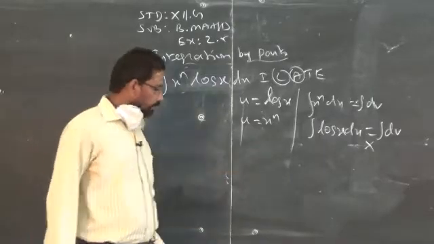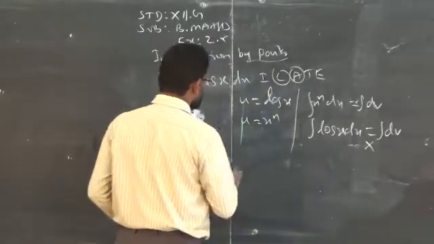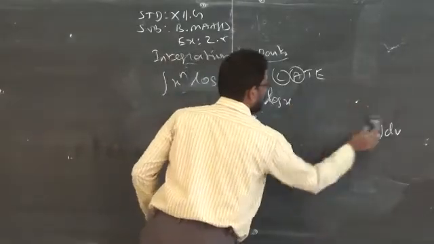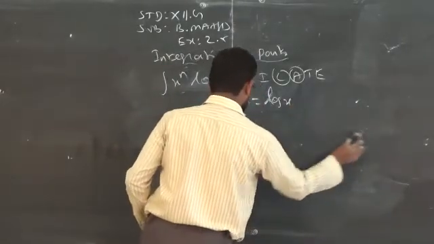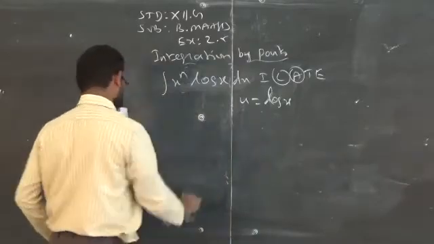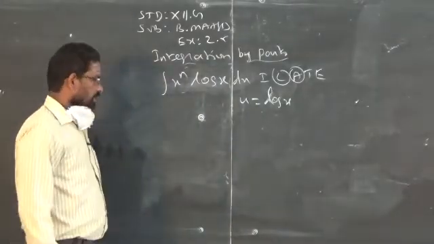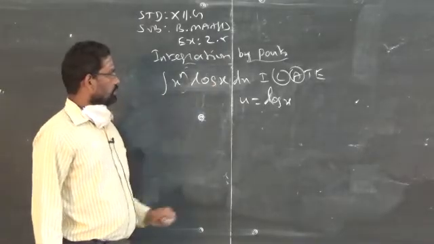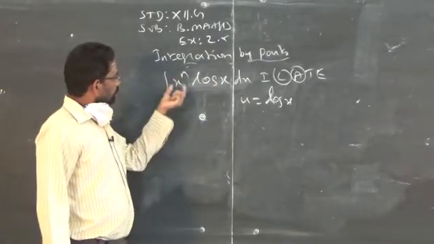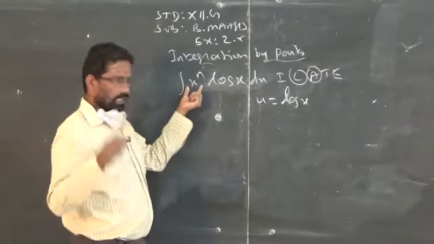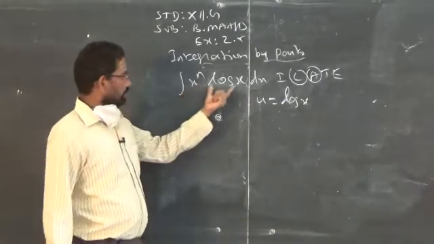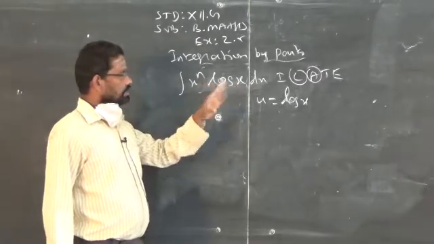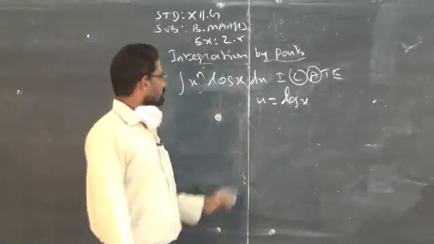So be careful in considering the u. Clear? If there is no straightaway integration formula, you have to consider that always as u. Though we have x power n log x, you have formulas for x power n under integration as well as derivatives, but for log x you have only the derivative formula, you don't have direct integration for log x.